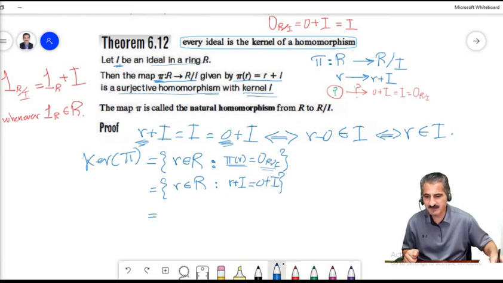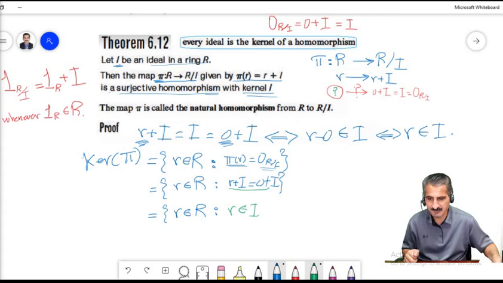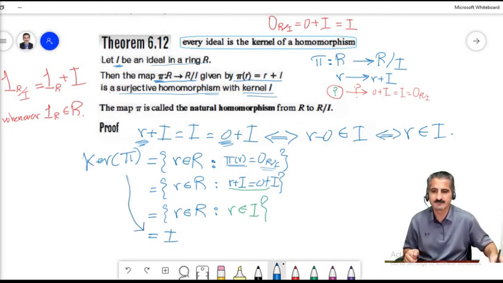But as we have above there, this means now we change that with r belongs to I. Oh, okay. So simply the kernel of pi is I. Here we go. So we got the proof for this thing.